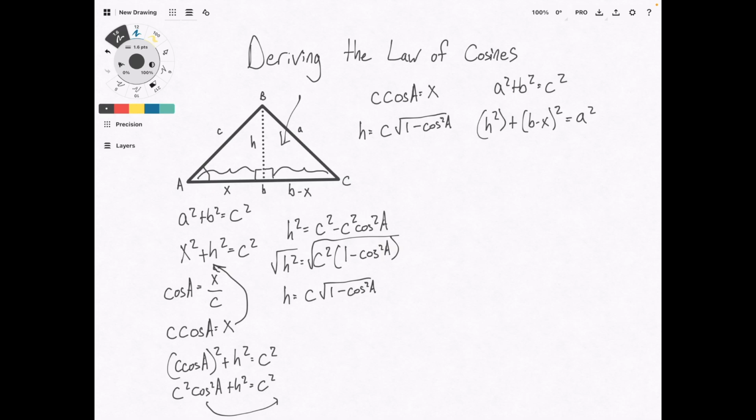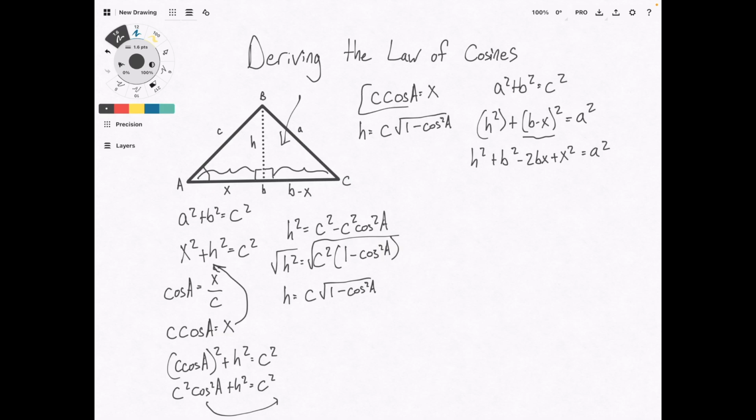I know our letters are getting a little bit mixed up, but a in this case is the hypotenuse, so that's going to go on the right side. Now we're going to expand this portion. So we're going to have plus b squared minus 2bx plus x squared equals a squared.